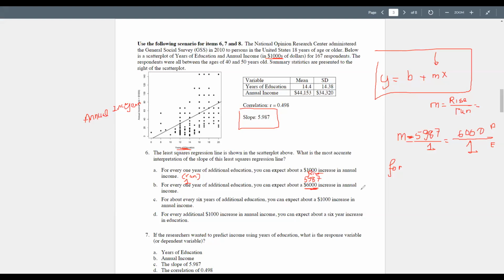Okay, so the answer should be B. I don't have to do any sophisticated math or anything like this. It's just straightforward. Are we good?